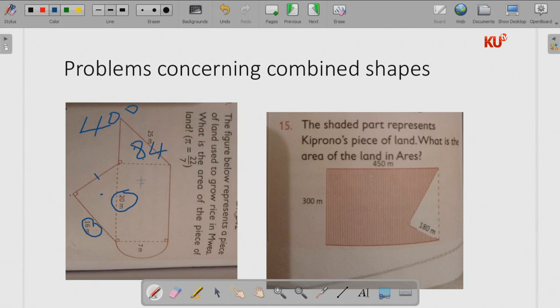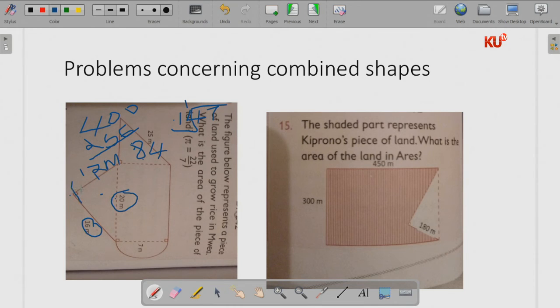Take away 16 square, 256. You will get 144. When you get 144, you square root, you will get 12.